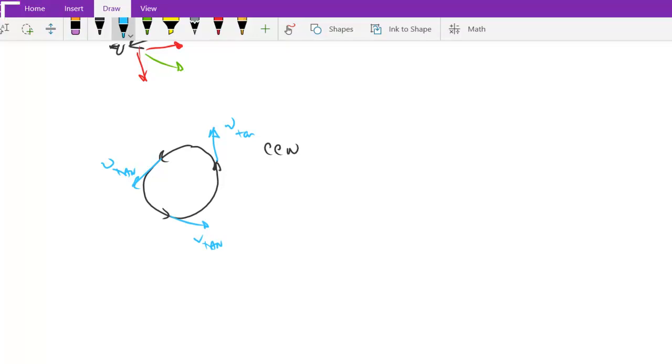And if the magnitude of the velocity is always the same, if we say the speed is constant, so the magnitude of our tangential velocity is constant here, then that means that no portion of our acceleration is parallel or anti-parallel. However, when we look at all these velocity vectors here, they're obviously different, right?